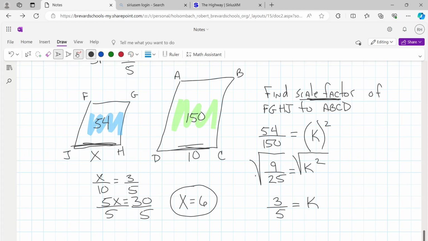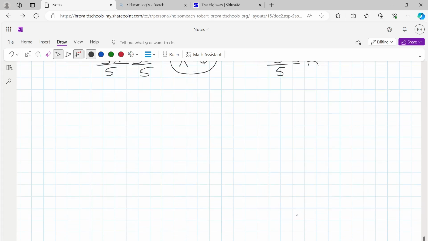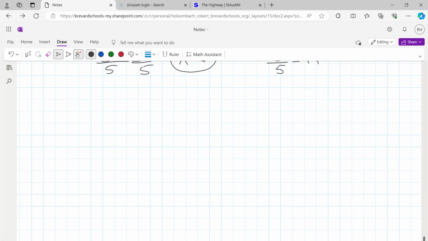All right, so let's do one more. I'm going to do on page 819, down on the bottom right, example 2b. Got a couple diamonds there, or kites. So here's one kite, here's the other kite.